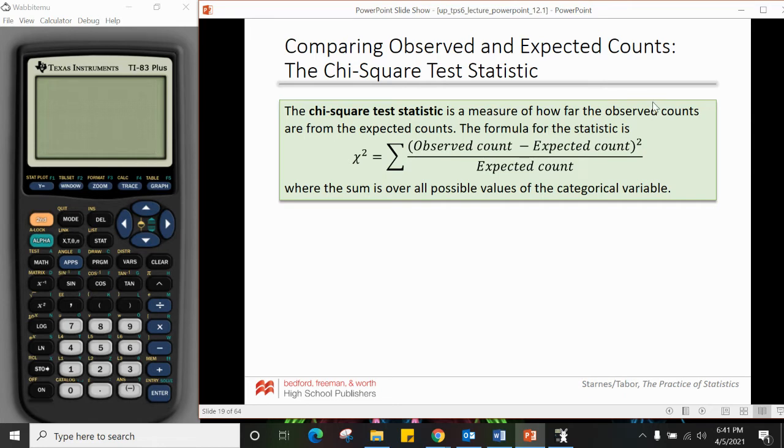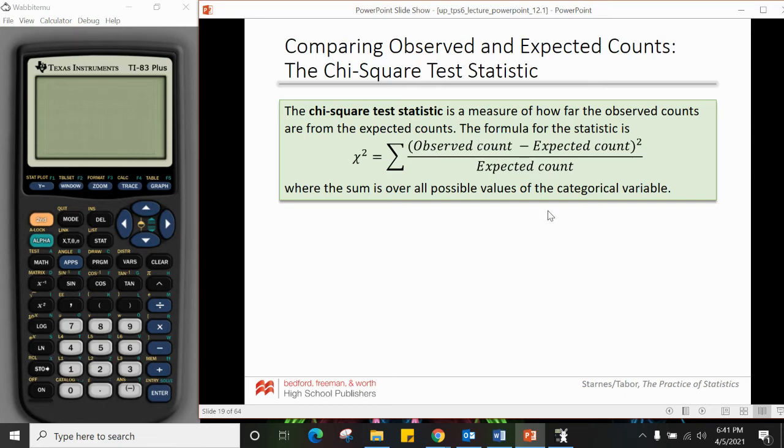The formula for it is here. It may look very familiar to a standard deviation formula, but it's not the exact same. So it is observed count minus expected count, squared, divided by the expected count. And then you add those all up together. And you do that for each category. So you do this for red, for brown, for yellow, for green, for orange, for blue.